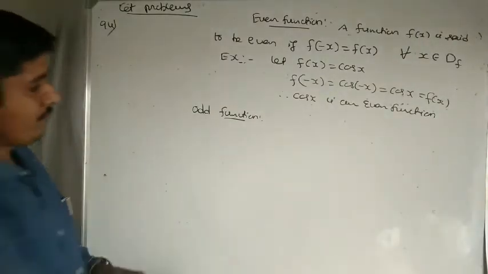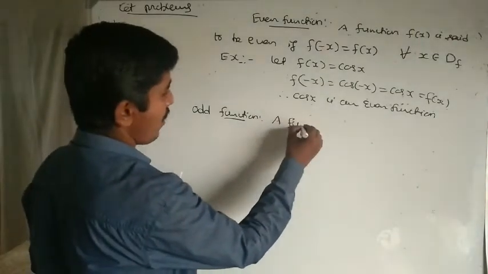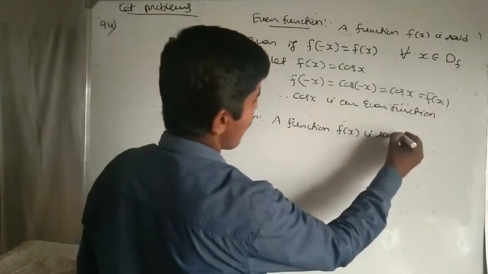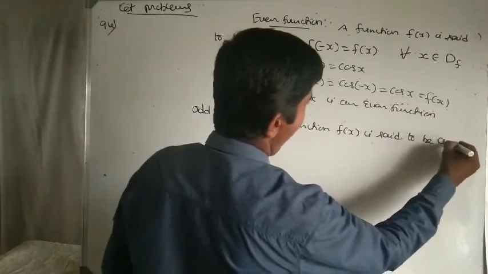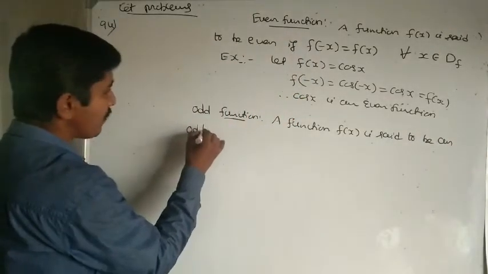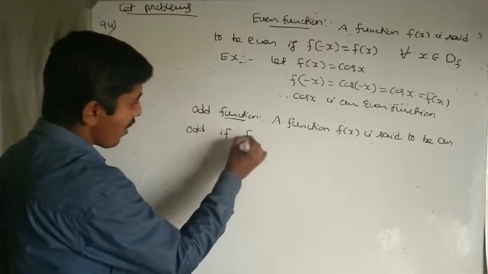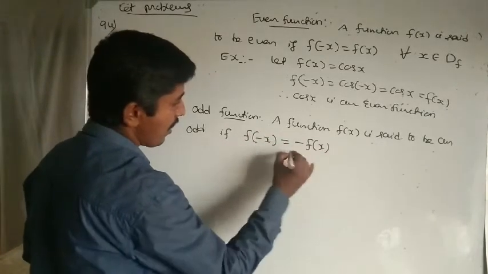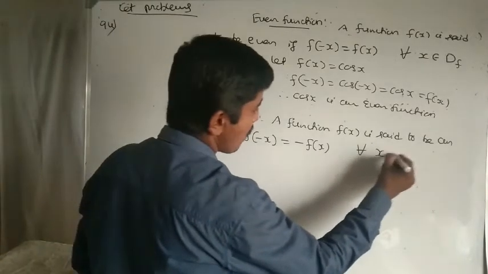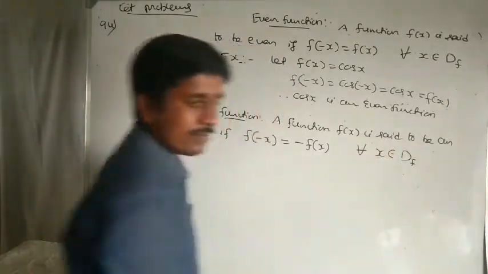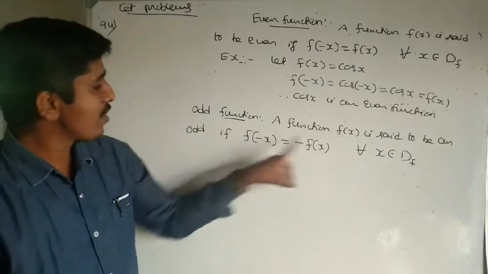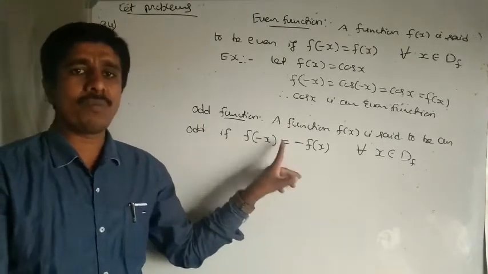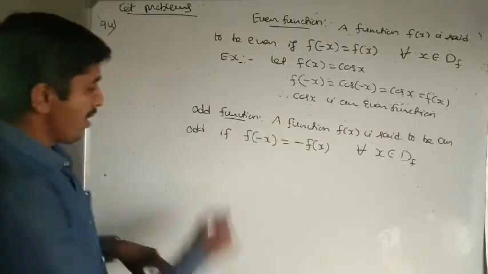Next, odd function. A function f(x) is said to be an odd function if f(-x) equal to -f(x) for all x belonging to the domain. A function f is said to be an odd function if f(-x) is equal to -f(x).